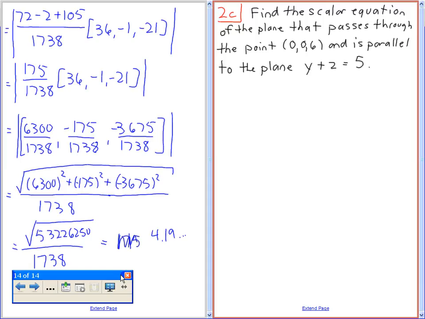There's a few different ways you can do this. First way to do this is 2 planes are parallel if they have the same normal.